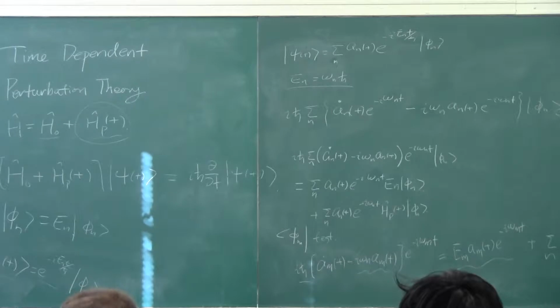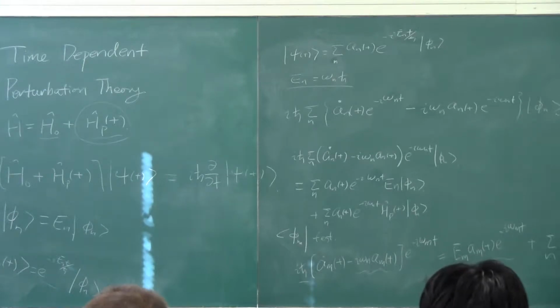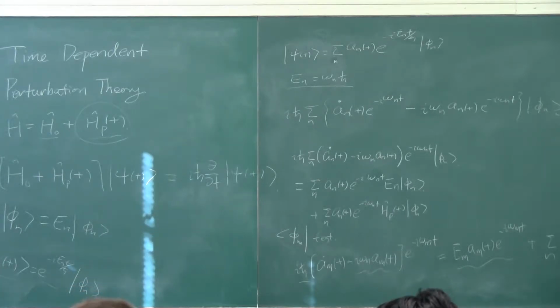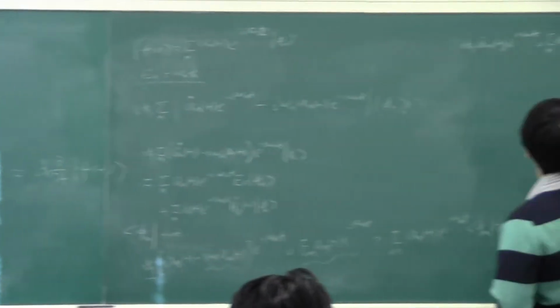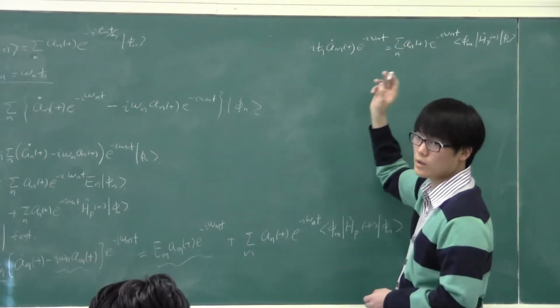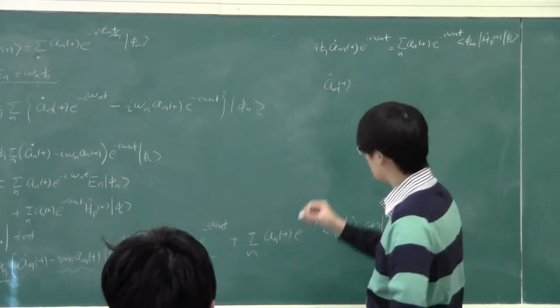So what we're left with in the end is that we can simply move this time dependence factor across, and then arrive at the differential equation for the m's coefficient.